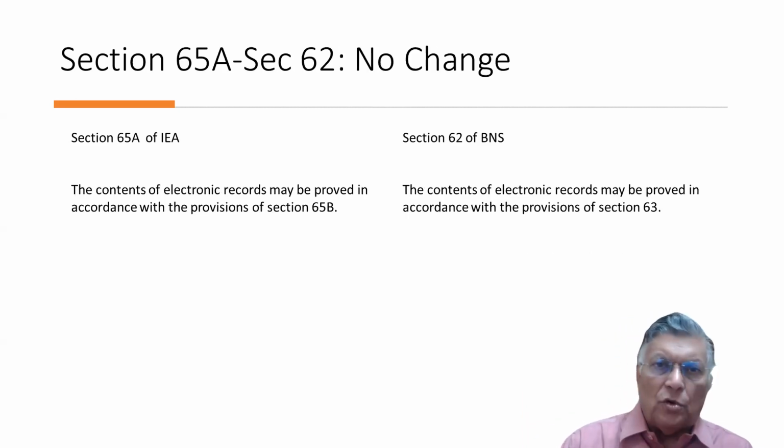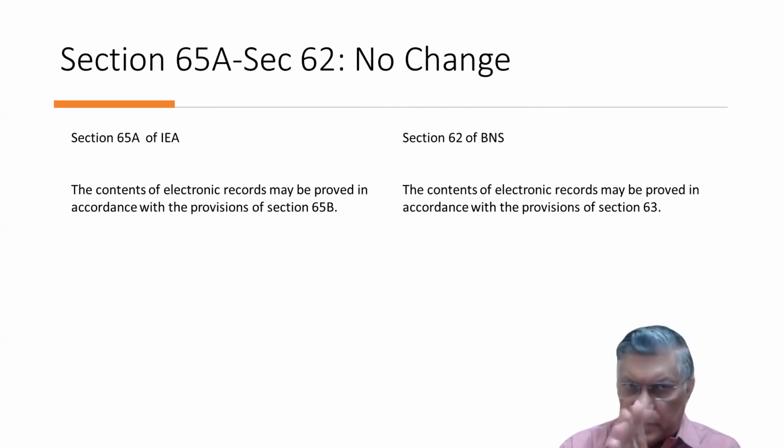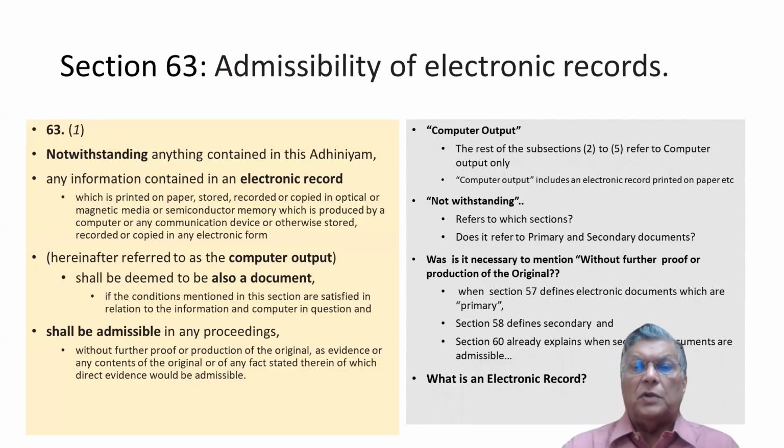Now with this, if we go to section 62, which is a replica of section 65A, it says that the contents of electronic records may be proved in accordance with the provisions of section 63. So section 63 becomes the code under which we are going to discuss how the admissibility of electronic records will be worked out.